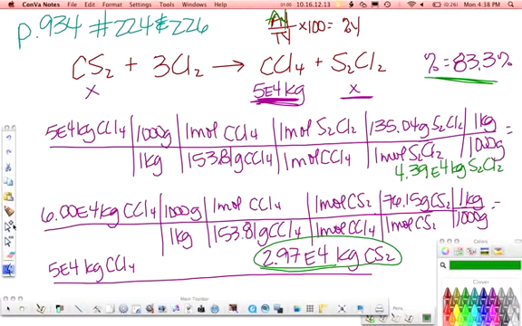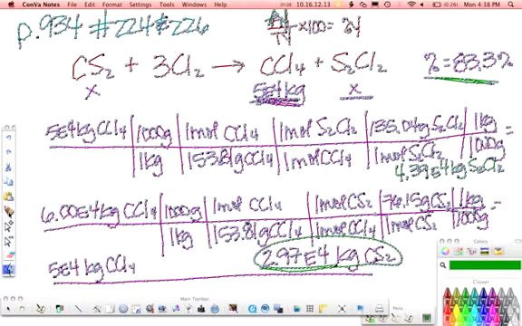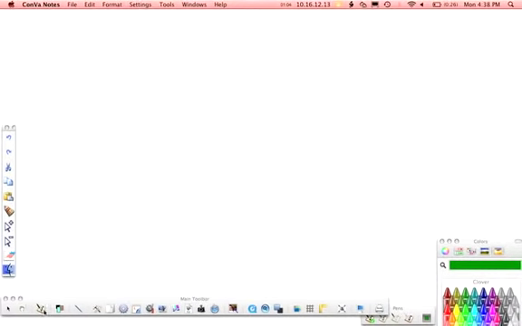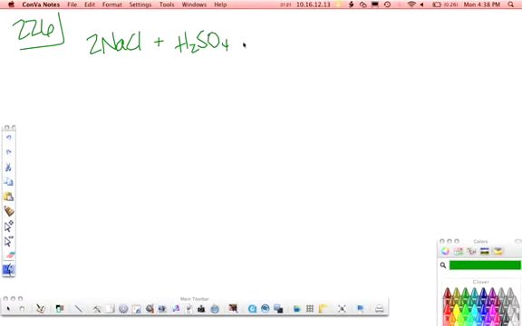So, next problem that we're going to do is 226. 226 is talking about some salt cake method that's not really used anymore, but it's still a great reaction. NaCl plus sulfuric acid makes sodium sulfate and hydrochloric acid.